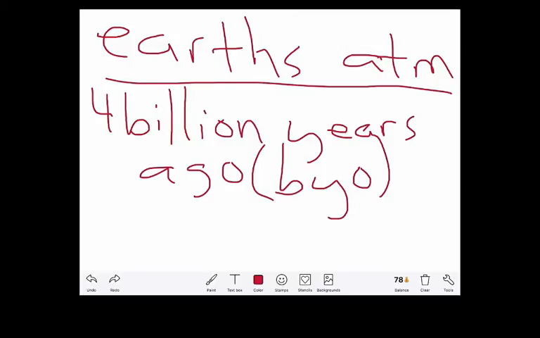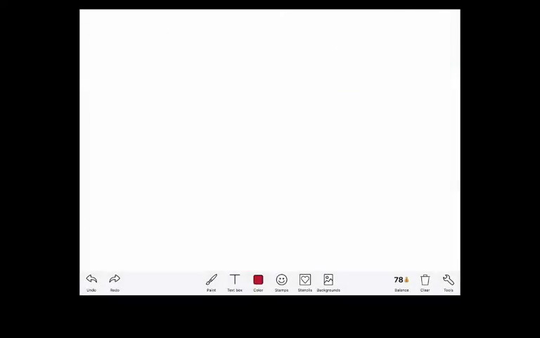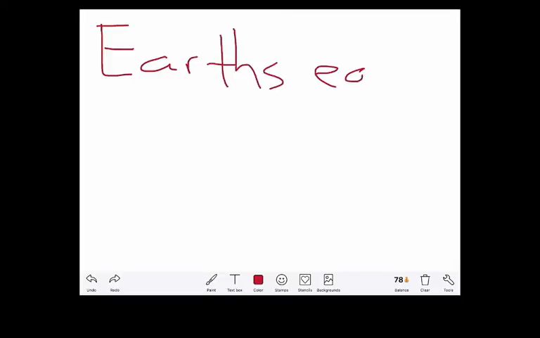Earth's early atmosphere had no oxygen, no O2. It had a lot of carbon dioxide. So we're going to contrast Earth's early atmosphere with what it is today.